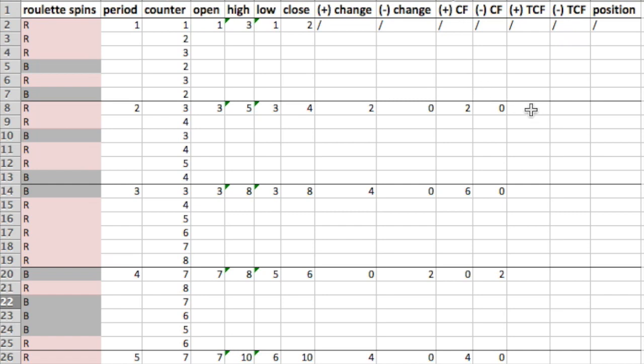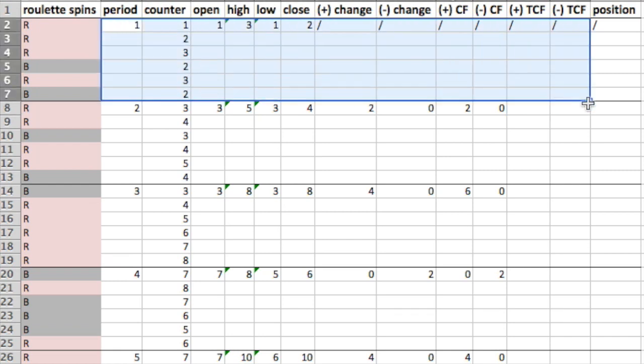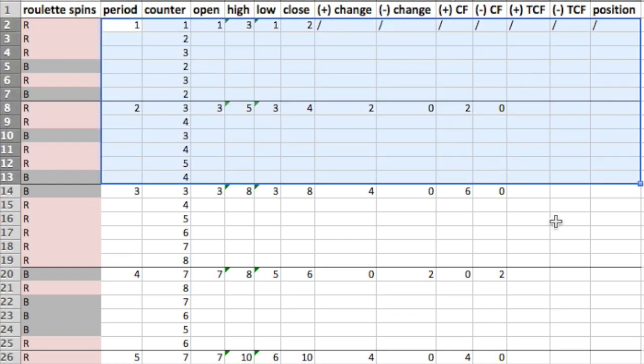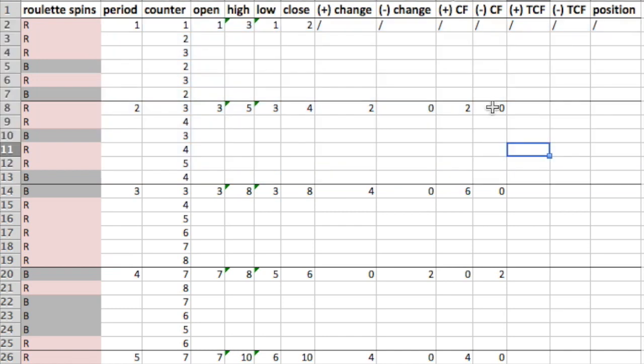So we were here, right? We already calculated the change, the plus CF and the minus CF. Here now, I use the information from the 2 latest periods. But I still don't have the information from period 1.